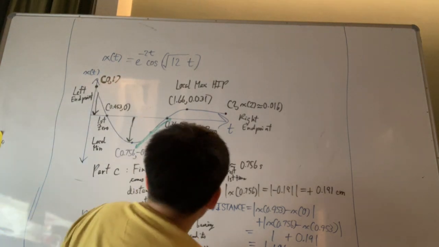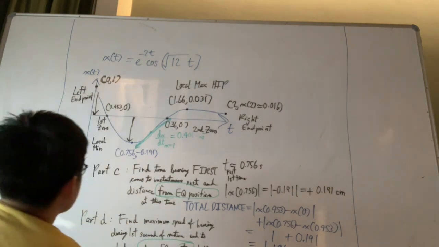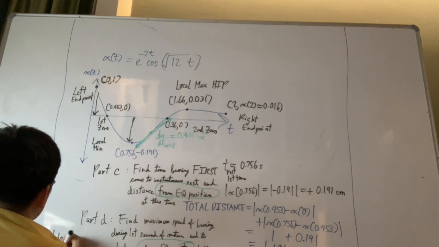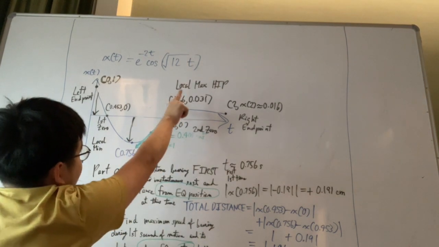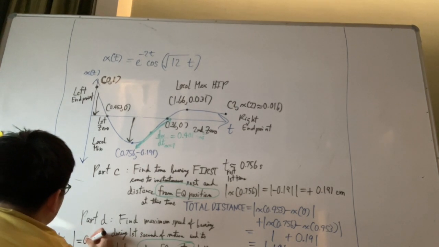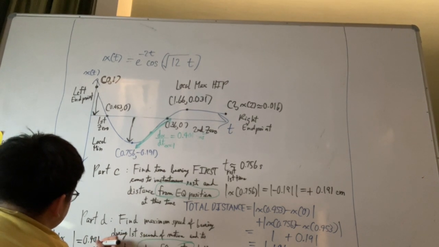Now, if you want the maximum speed, we found that. That was the absolute value of dx/dt, and here we don't have to worry about the sign because it's a positive slope already. So just taking the value as it is suffices, which is 0.401 centimeters per second.